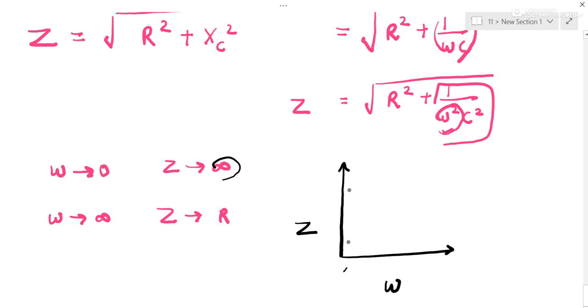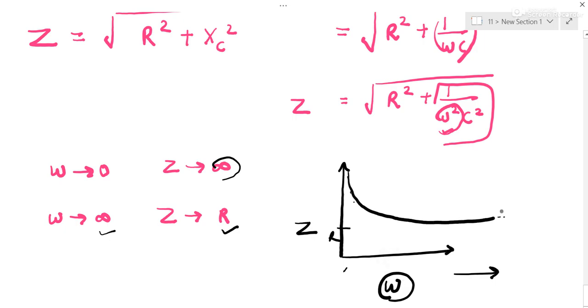And omega is infinite this side, where Z is some value R. So for big values of omega, Z is R. You can join them, and this is the graph. For bigger values of omega, Z is R.